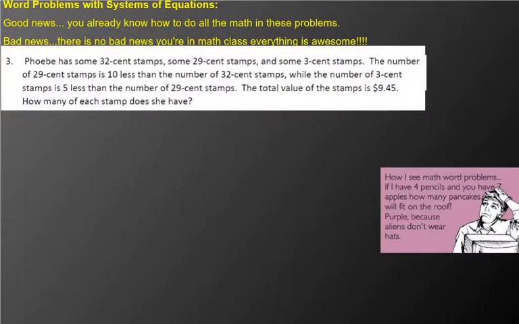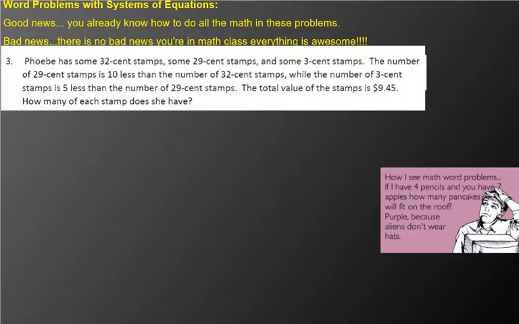So the real goal for today is to do problems related to systems of equations, but with word problems. The main part that we need to talk about is how we get the equations out of them. The way I do it is, equations are sentences.